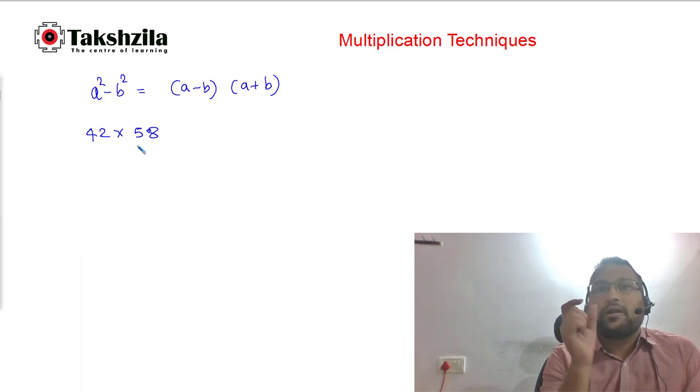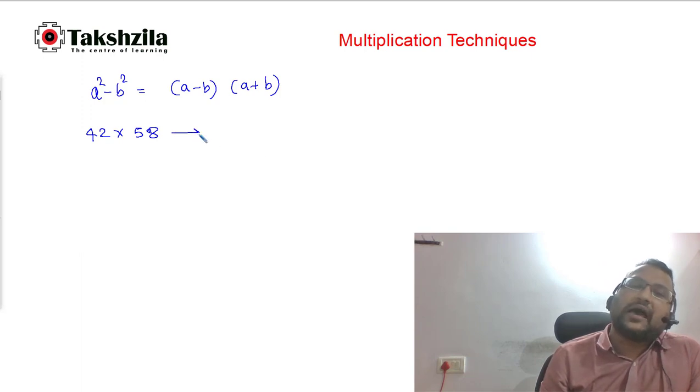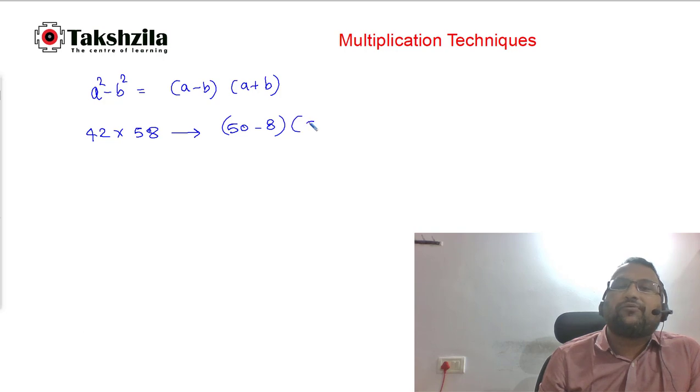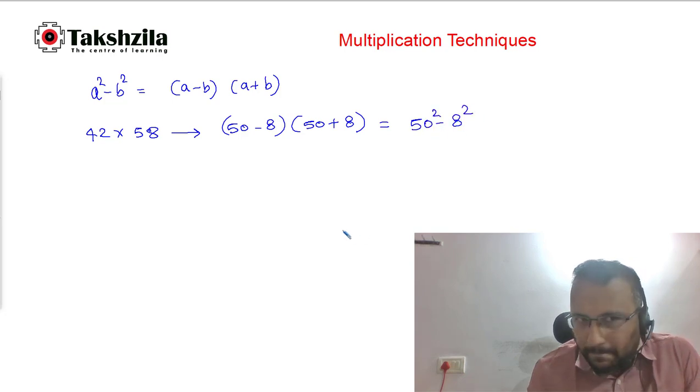So what is the middle number? The middle number in between 42 and 58 is 50. So we can write this as 50 minus 8 into 50 plus 8. So this becomes A plus B, A minus B, that is equal to A square minus B square. So our answer becomes this.